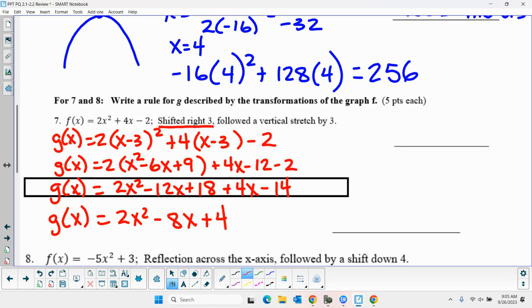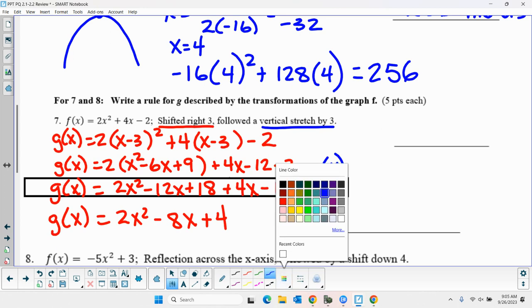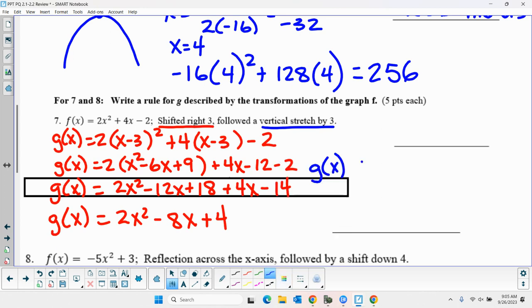Part 2 says vertical stretch by 3. That means to multiply the whole thing by 3. So 3 times the new whole thing, 2x squared minus 8x plus 4.